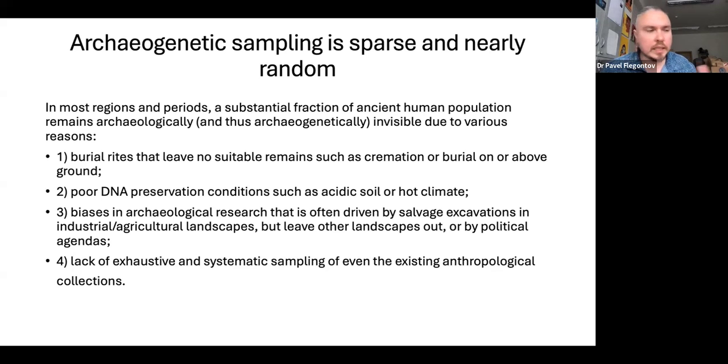And even when we talk about existing anthropological collections, we often lack systematic sampling of those. Thus, for the purpose of this analysis, I contend that our existing archaeogenetic sampling of humans and, I think, most animals is nearly random and very sparse with respect to the effective sizes of the populations that have ever lived.